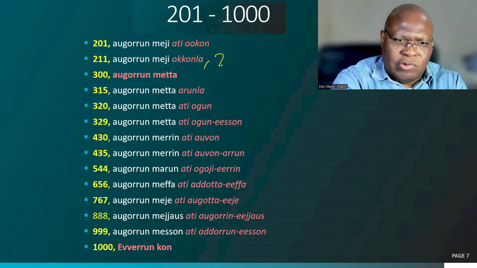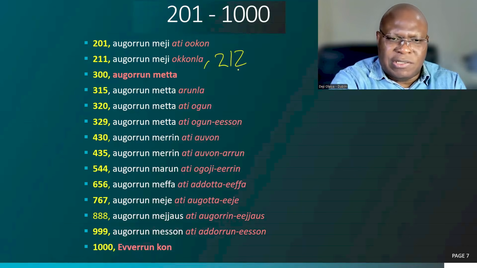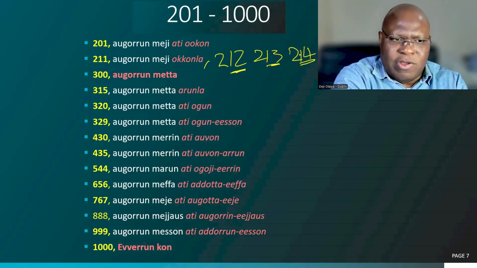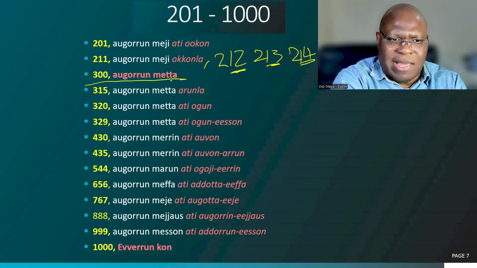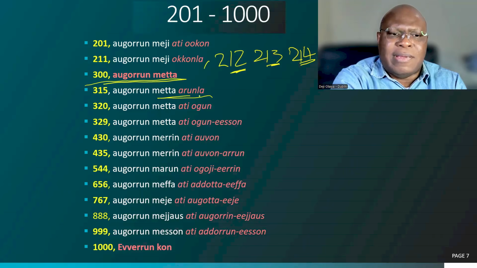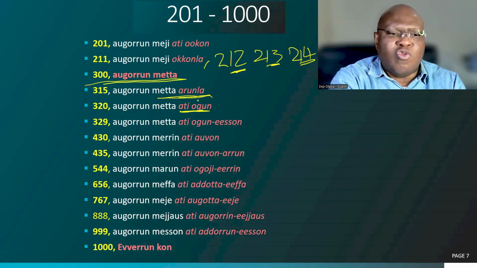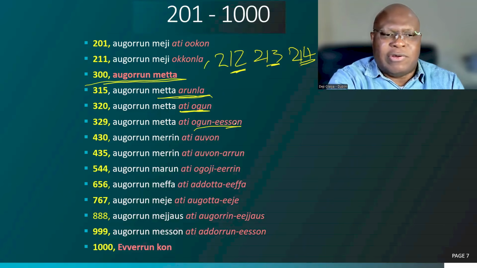Just like that, 212, ọgọ́rùn méjì èjìlá. 213, ọgọ́rùn méjì ẹ̀tàlá. 214, ọgọ́rùn-ún méjì ẹ̀rìnlá, up to when you get to 300, ọgọ́rùn-ún mẹ́ta. 315, ọgọ́rùn-ún mẹ́ta àrùnlá. 320, ọgọ́rùn-ún mẹ́ta àti ogún. 329, ọgọ́rùn-ún mẹ́ta àti ogún ẹ̀sán.